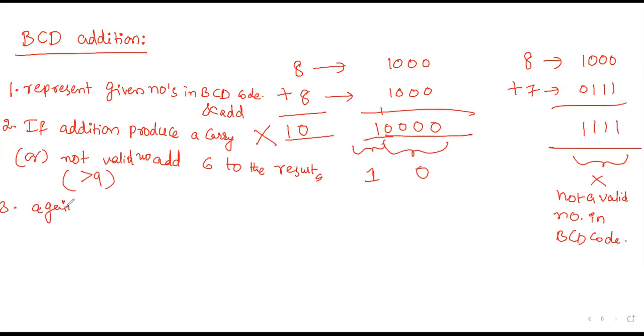Again check the result and repeat step 2 until we get valid numbers. Okay, I'll explain with one example.